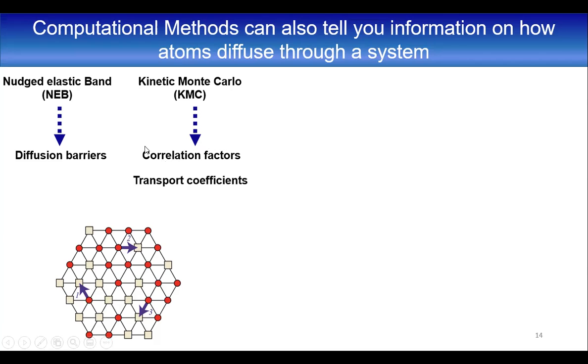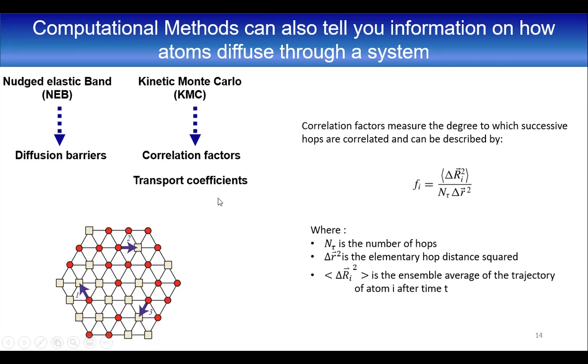And the description of these movements can be captured in correlation factors or transport coefficients, where correlation factors measure the degree to which hops are correlated.